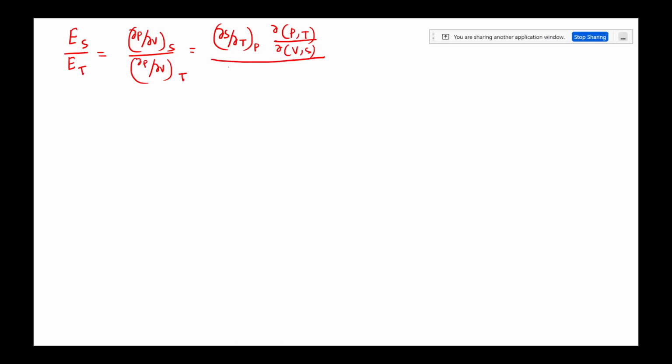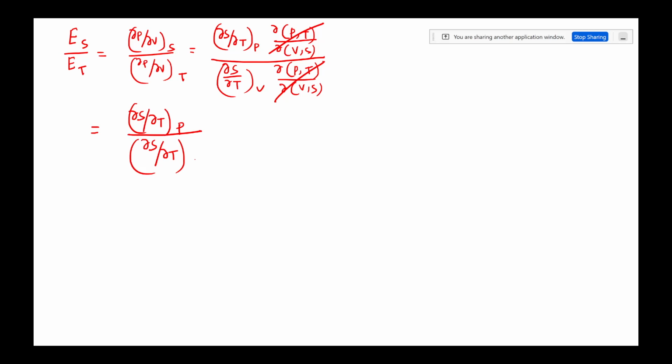Similarly here del S del T V d PT VS. So this cancels out and it boils down to del S del T P divided by del S del T V, and we will multiply T both sides.